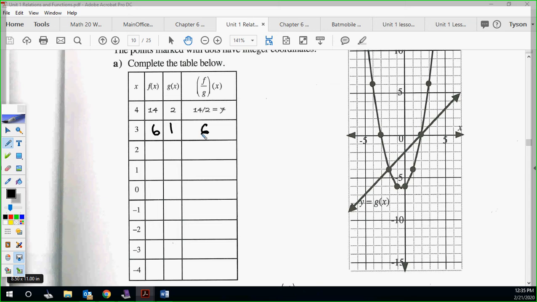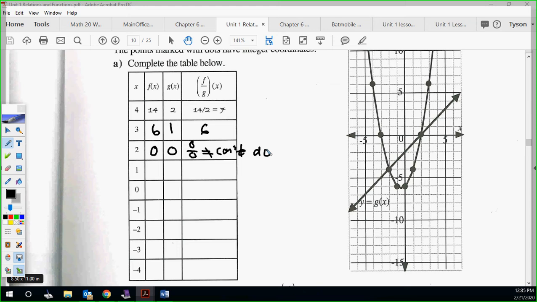Okay, you're going to find the issue here. So then we have 2. At 2, I'm at 0 and 0. Can't do. Because you can't divide by 0, even if it's 0 over 0. It's an undefined spot. We'll talk about what that means in a little bit.